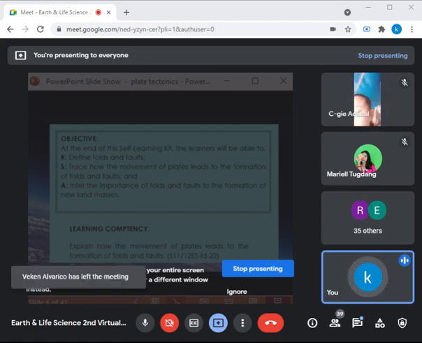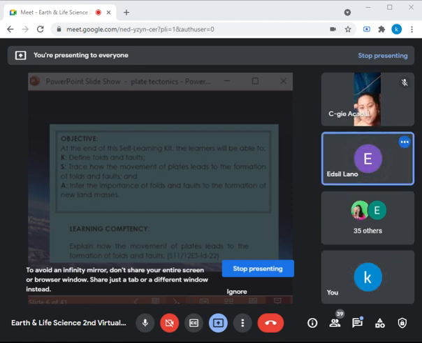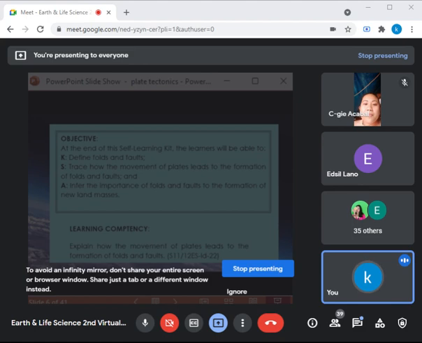Have you already heard the terms plates, folds, and fault? Have you already heard those words? Have you not heard them yet in junior high school science?